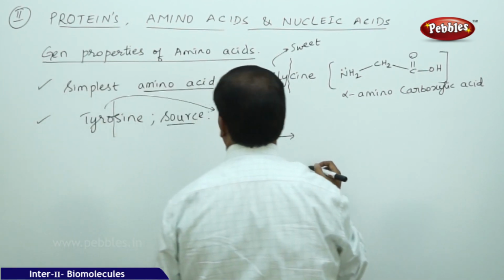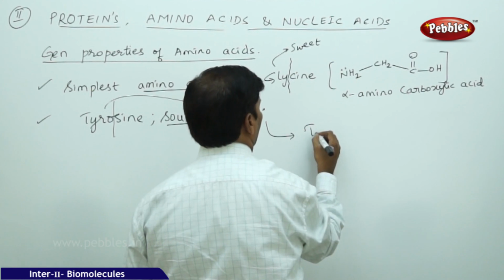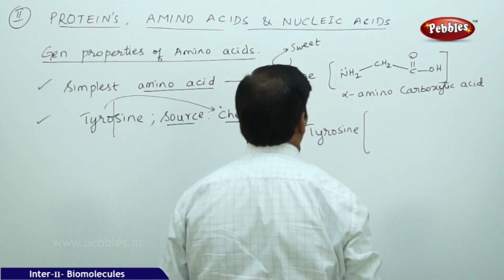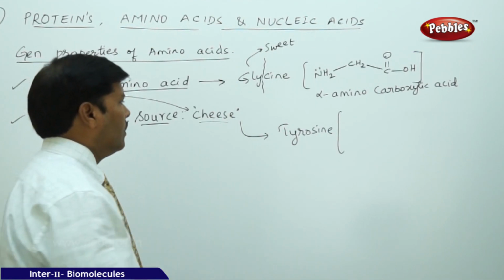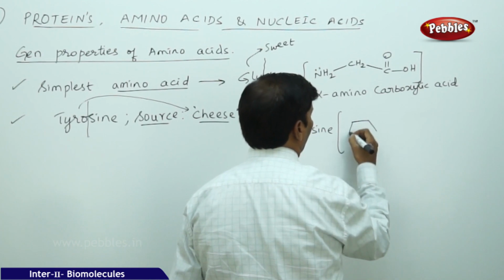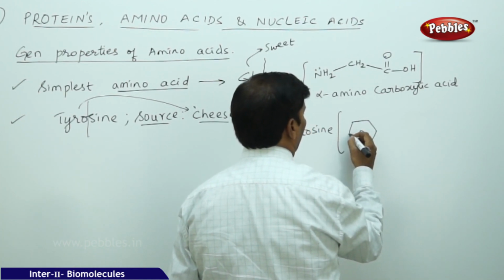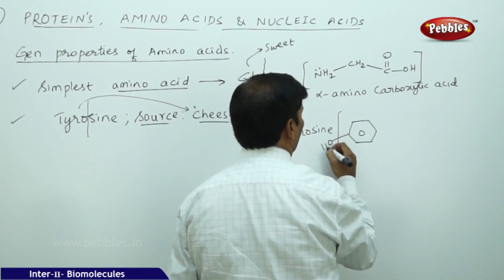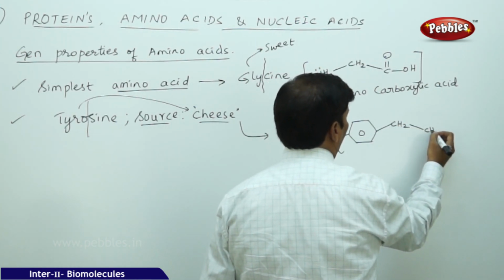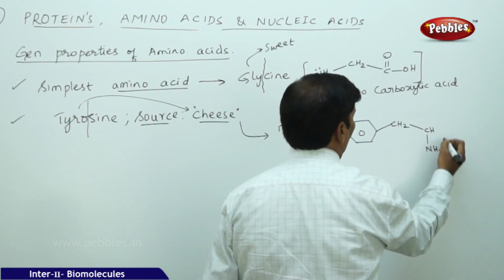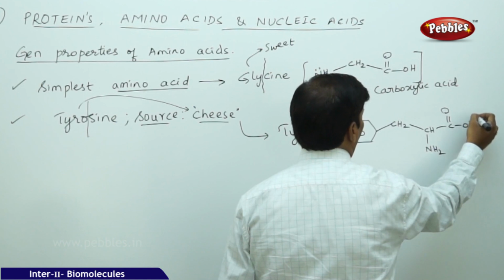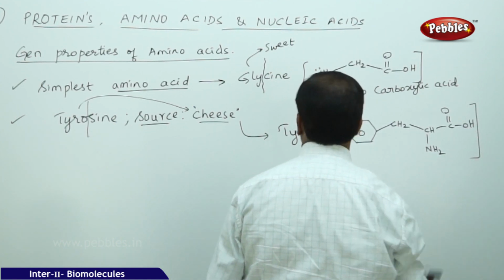Its structural formula: a benzene ring containing one alcohol group and a CH2 group, CH, NH2, carboxylic acid. This is the structure of tyrosine.